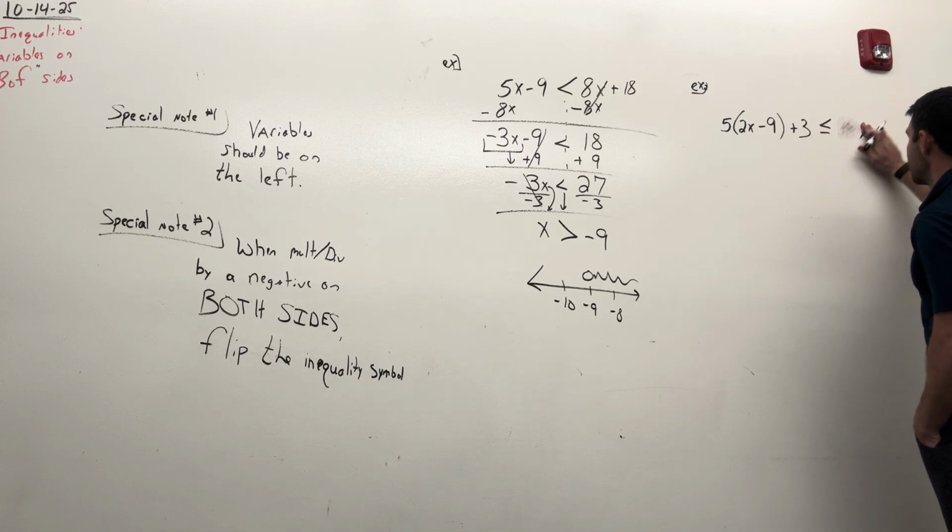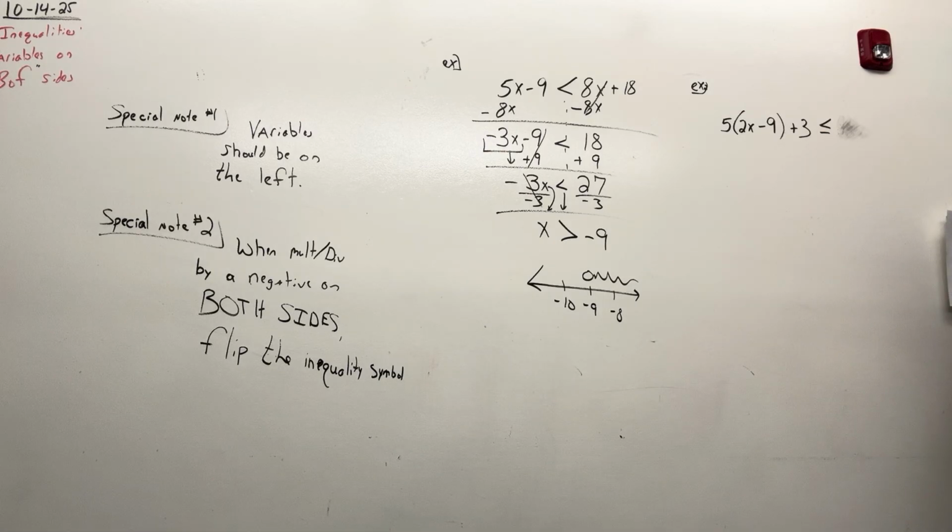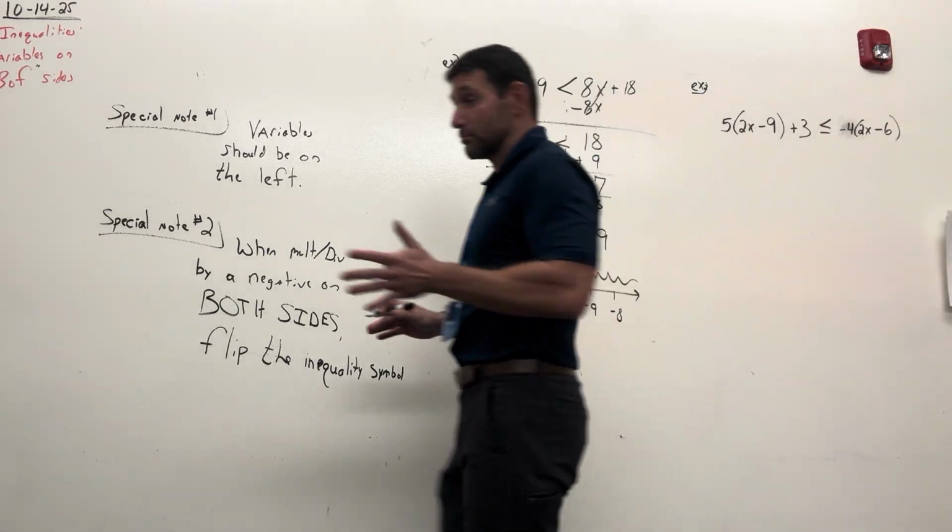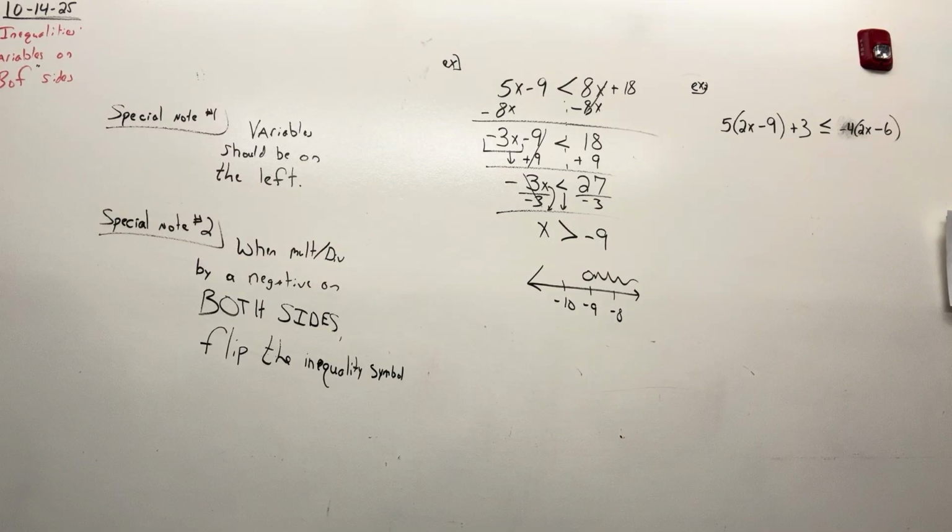Pause. I'm trying to figure out in my head. I'm just looking at my calculator. -4 times (2x minus 6). Okay, so this is a little bit more, and I'm hoping that it gives us a whole number. I'm just making these problems up in my head, so I'm trying.